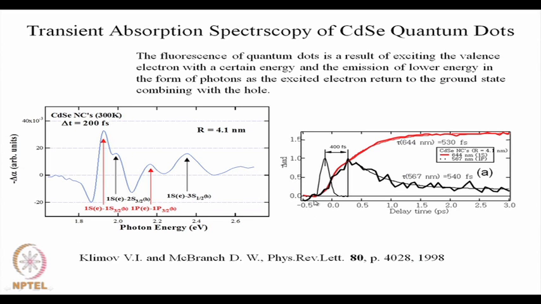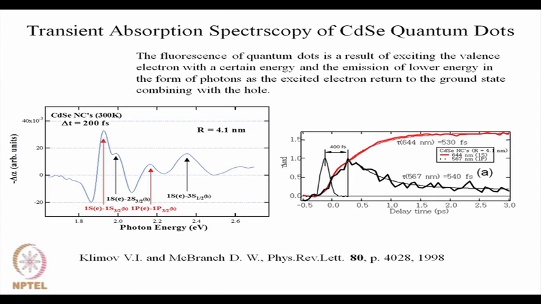This is a typical transient absorption spectroscopy for a cadmium selenium quantum dot taken from this reference. I am giving you the typical idea that this transient absorption spectroscopy can also be used for quantum dots, because quantum dots are nowadays a very hot topic. The advancement of nanotechnology and nanomaterial research is a very interesting field nowadays.